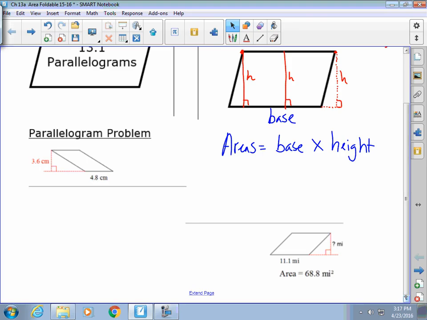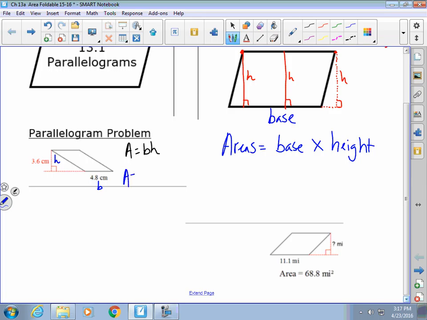And then we looked at some practice problems doing the area of a parallelogram. So for the first practice problem, I asked you to first always give the formula. So A equals BH. Then I said label the parts. This is how you get your partial credit. The 4.8 is your B, your base. The 3.6, that's your height. And then we're going to substitute it in.